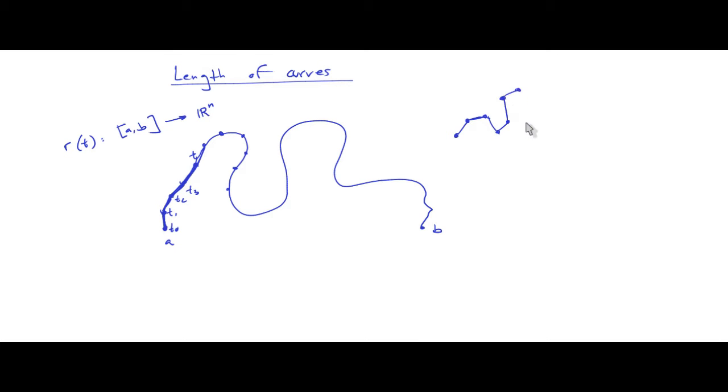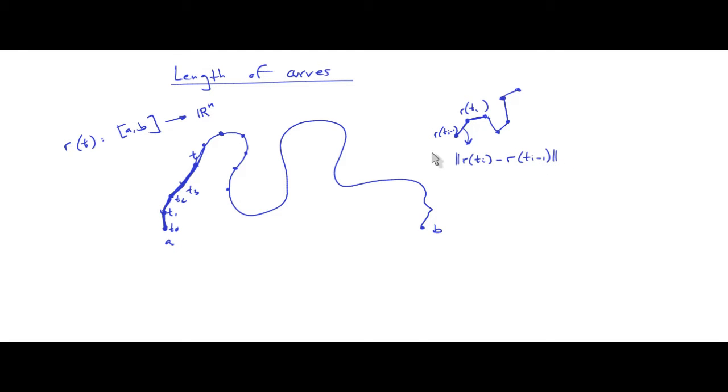These things are segments, and we know how to compute the length of a segment, because that's just the norm. This is r at ti, and this is r at ti minus 1. The length of the segment is just the distance between these two vectors, that's the norm.